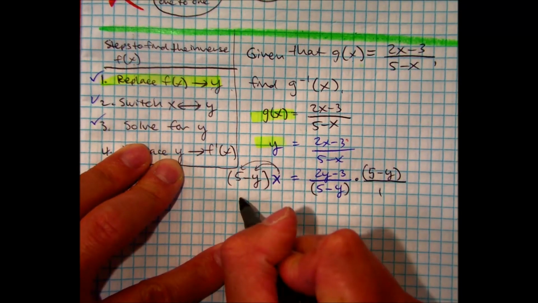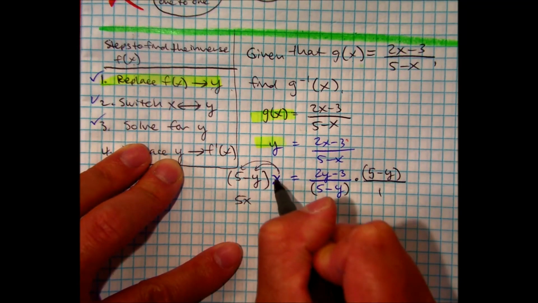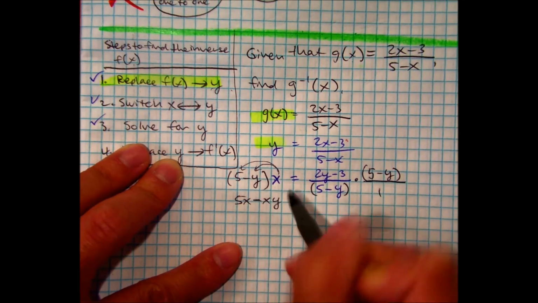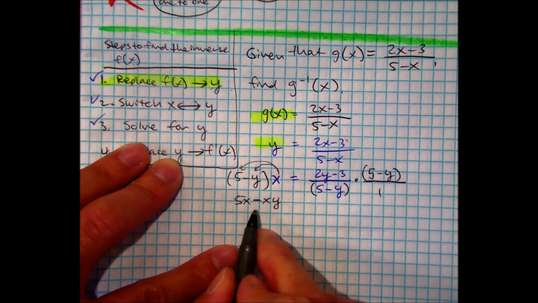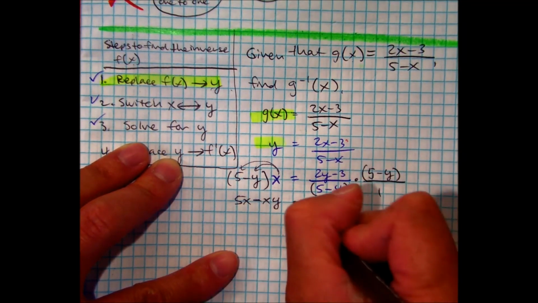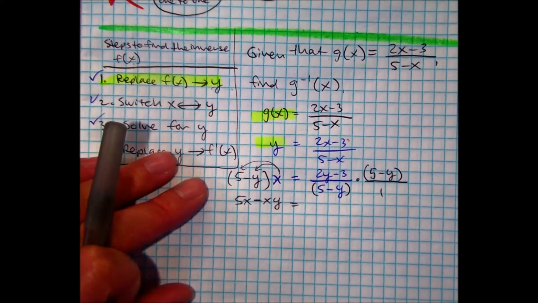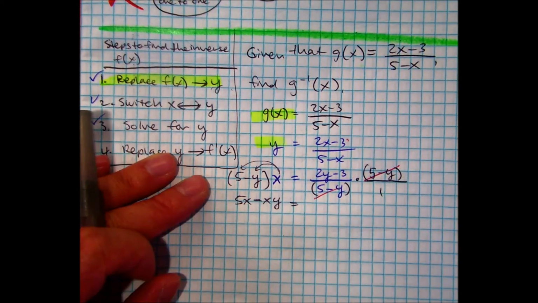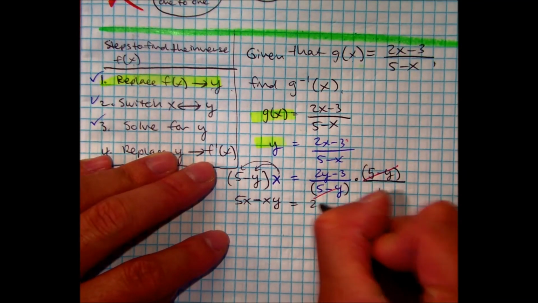Class, what do I get? 5x times negative xy. It's not wrong to say negative yx, but we write them alphabetical. You'll notice that your 5 minus y's cancel, equals 1, and you're left with 2y minus 3.